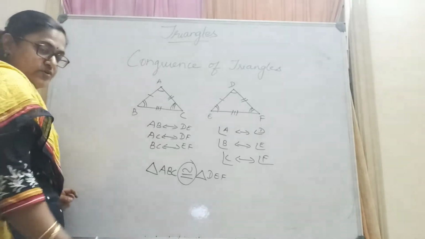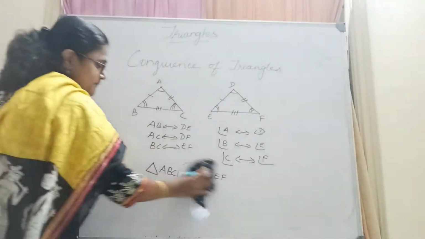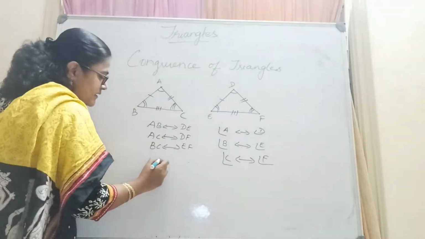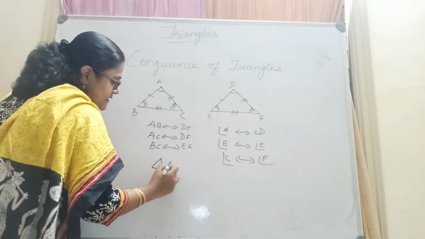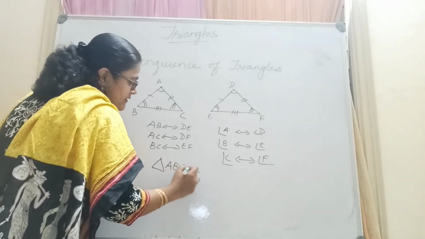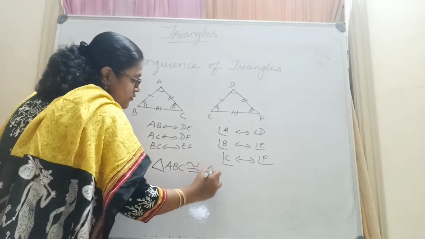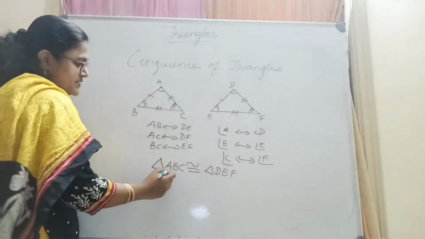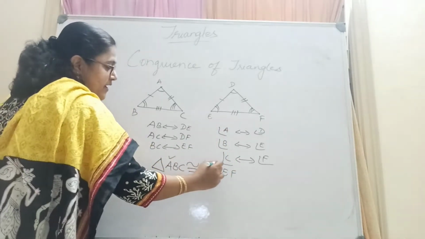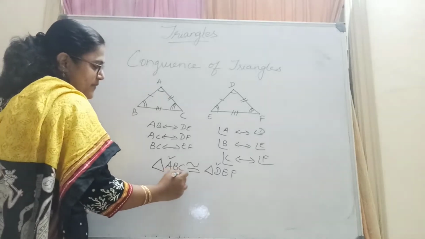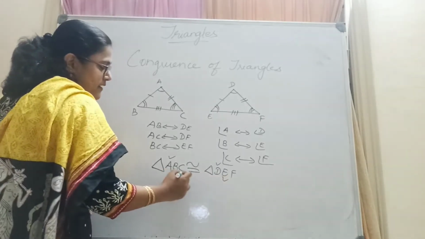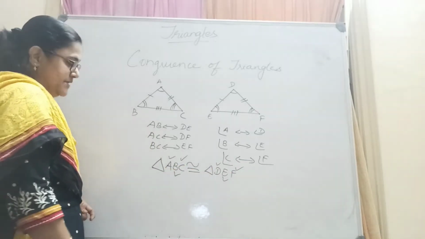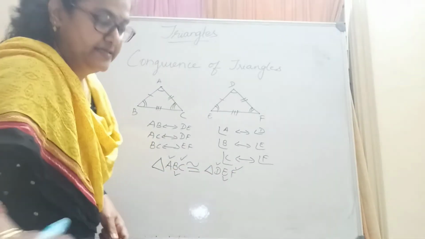Okay. Now, if you see in this, triangle ABC is congruent to triangle DEF. Now, if you take the angles, angle A is corresponding to angle D, angle B is corresponding to angle E, angle C is corresponding to angle F. It is written in the same order, right? Now, we look at the sides.